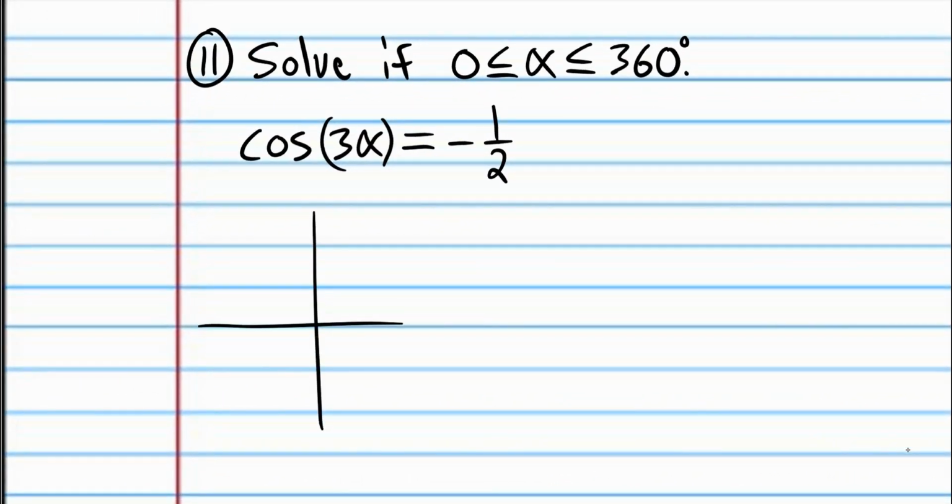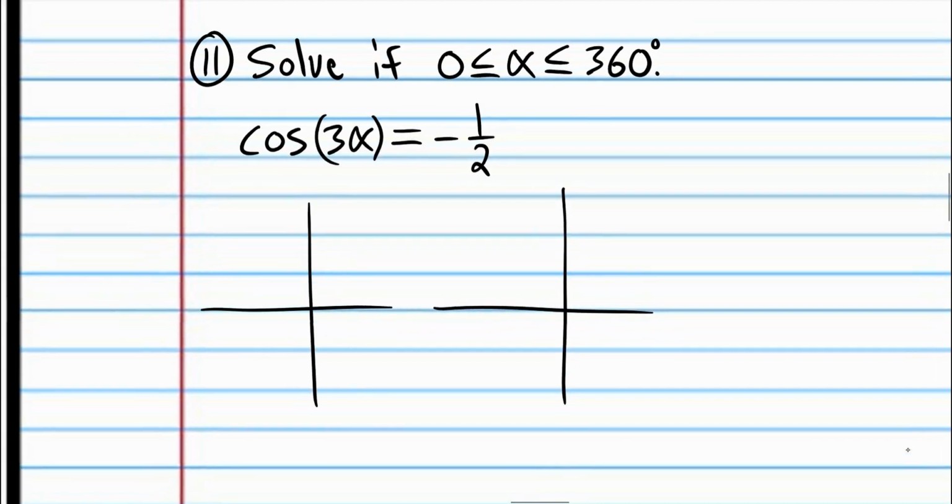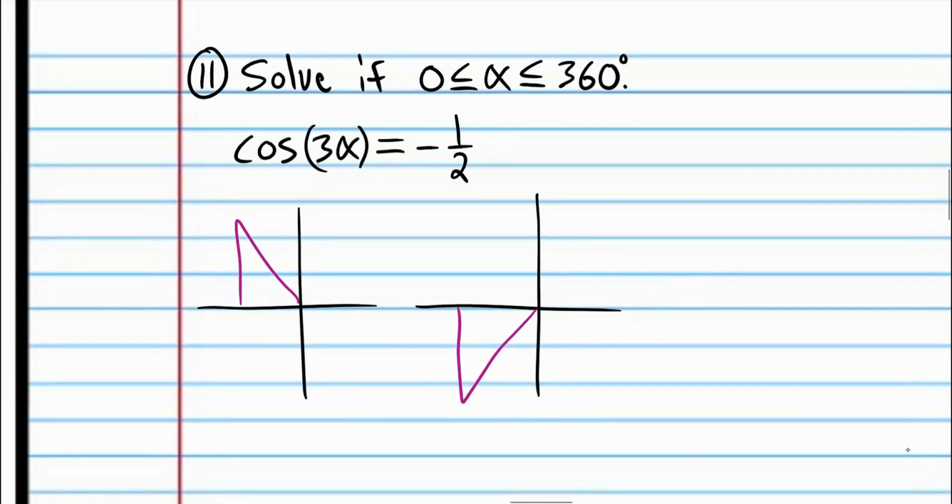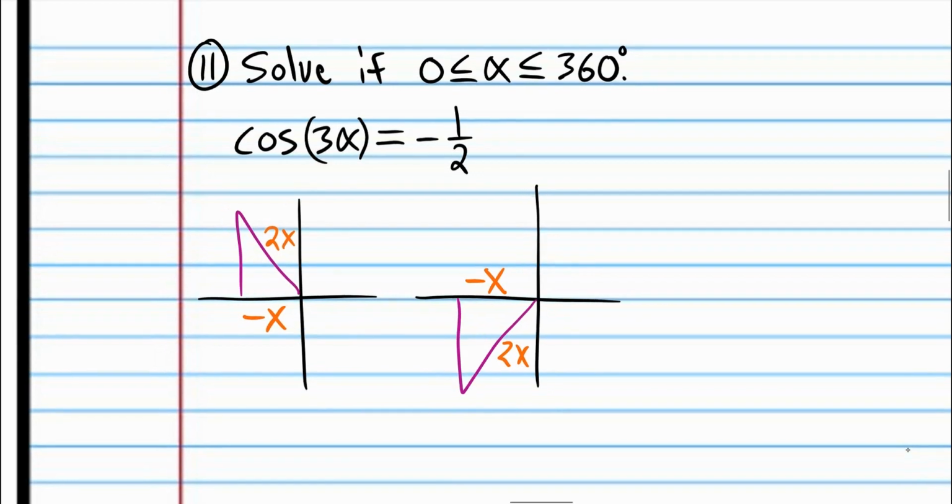Okay, we're back. So if cosine is negative, that means our triangles are going to be in the second quadrant and the third quadrant. You may recognize this ratio. It's x over 2x. So we're dealing with a 30, 60, 90 degree triangle. And cosine is adjacent over hypotenuse.